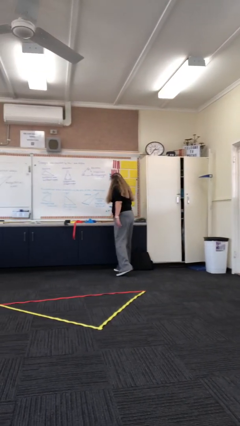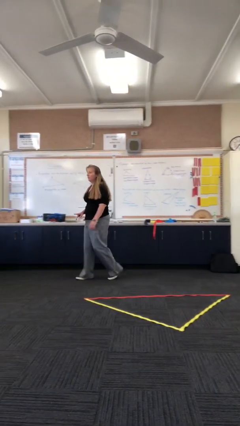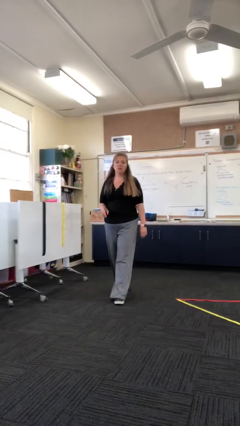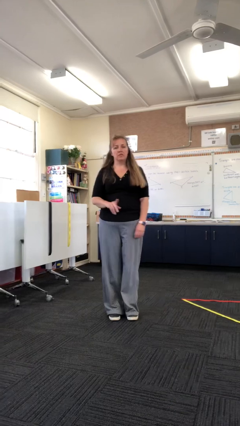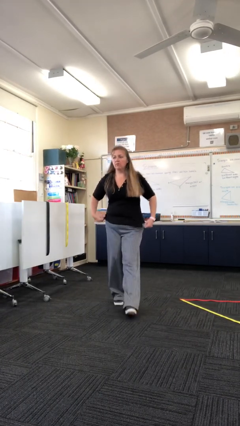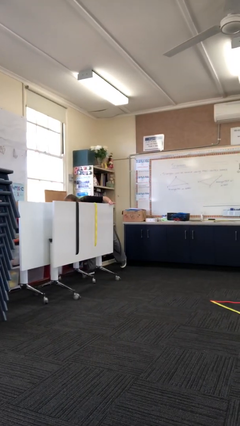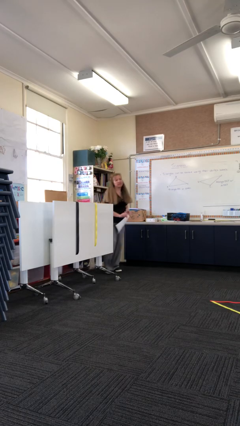Now, I'm not going to use my protractor because I only need to know if they are bigger than, smaller than, or the same size as a right angle. If we've got a piece of scrap paper, we can make a right angle very easily.